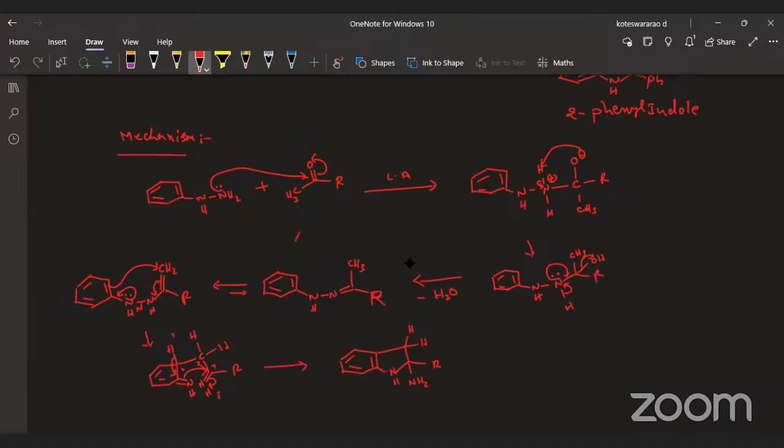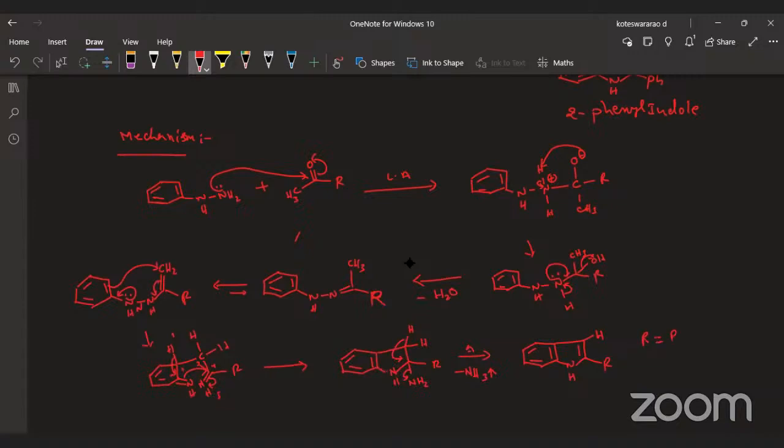Now elimination of ammonia. Just heat it, then it eliminates ammonia gas. Gas it is. Then it's the formation of indole.